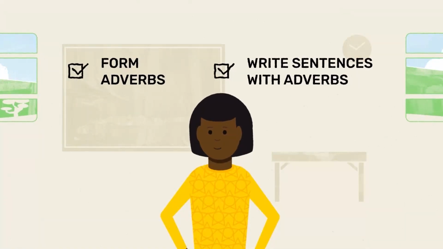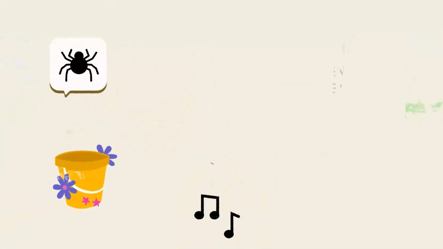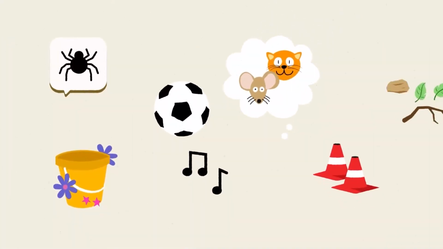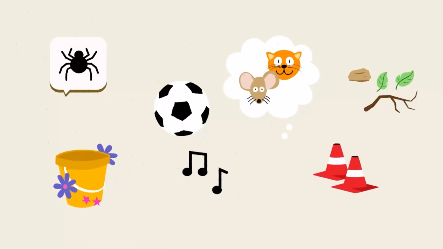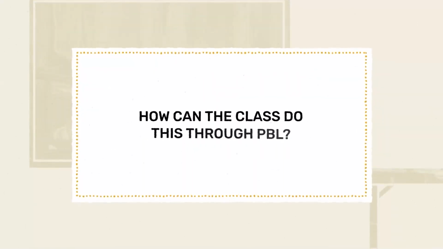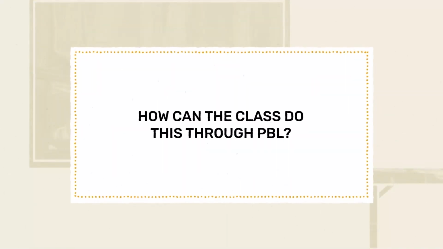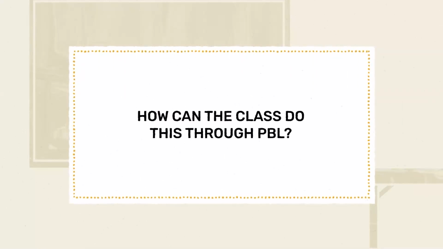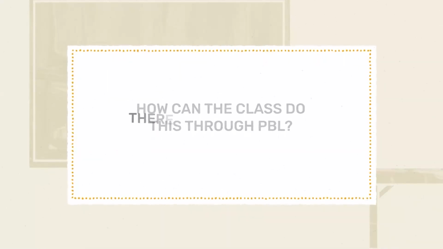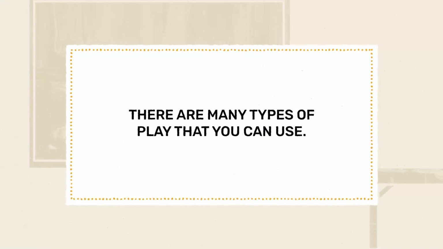Once you know what students need to do to meet the objective, think about the types of activities that help them do this. How can the class do this through PBL? Games can be a great way to learn, but remember that there are many types of play that you can use.